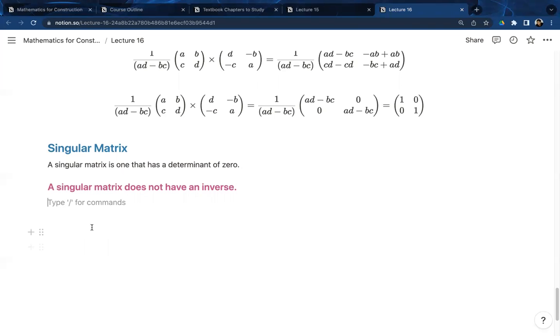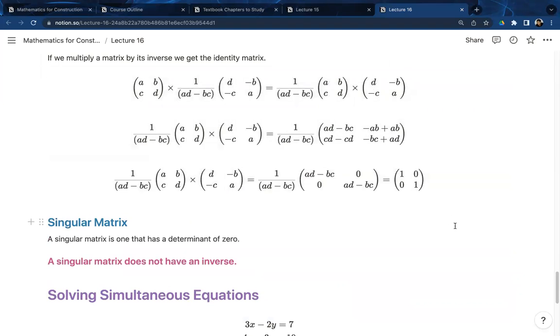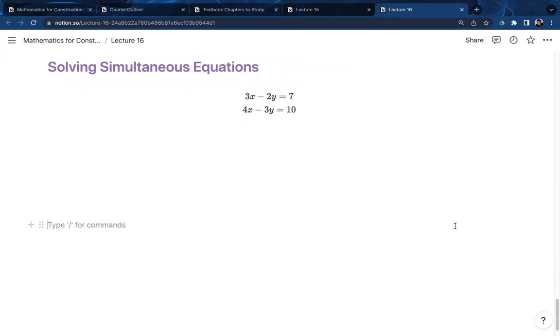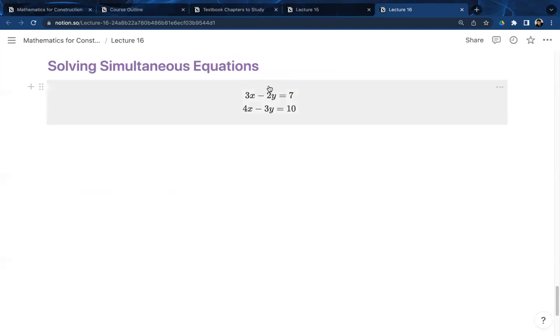Now let's use that technique that we just saw, the one with the inverse, to solve simultaneous equations. How do I represent this in matrix form? Could I multiply two matrices and get a matrix as well?